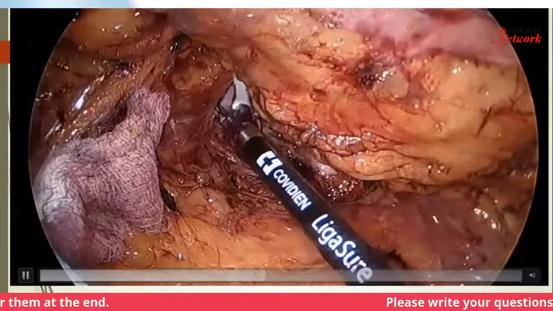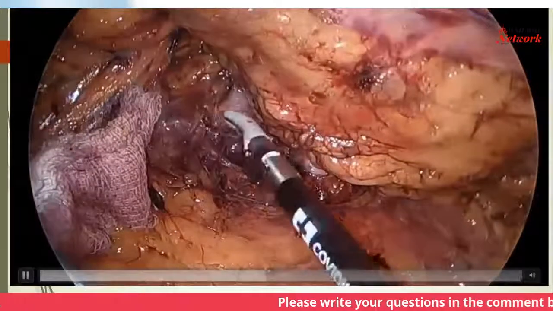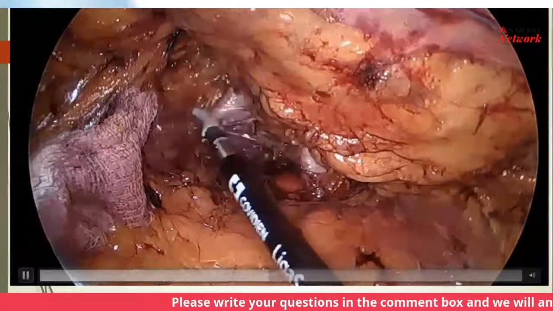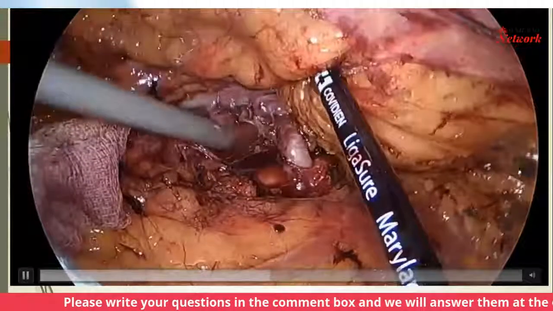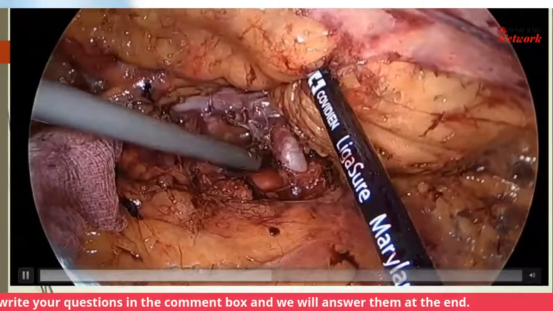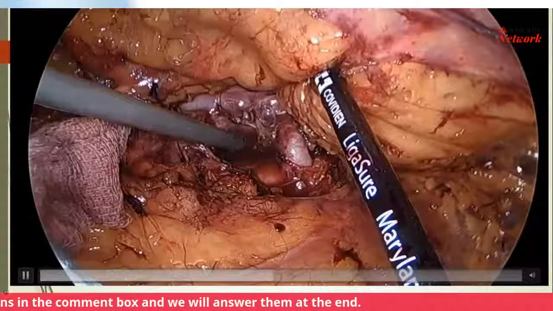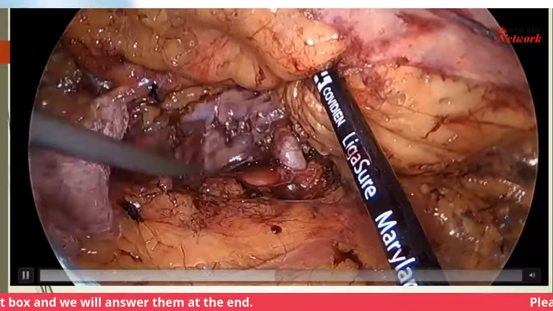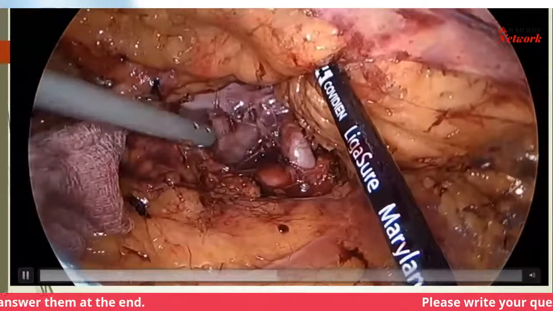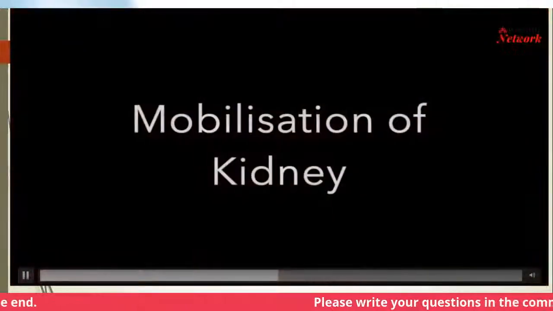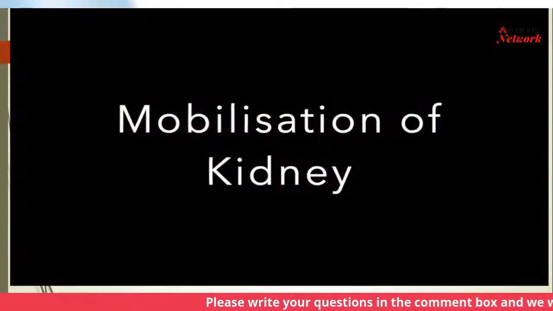And this is the gonadal vein. There's another vein that comes from the gonads, the ovary for women, the testes for men, and drains into the renal vein. And this is the junction there. So he's going to have to divide that later.